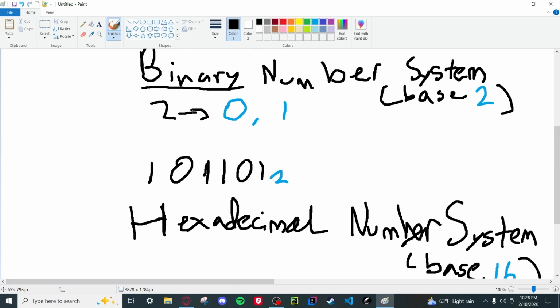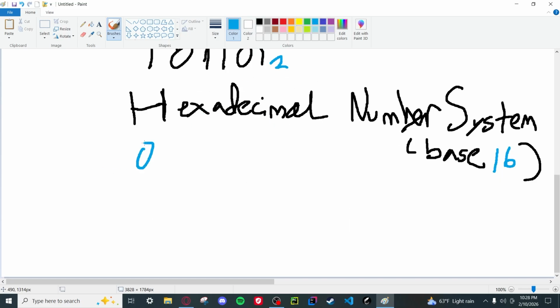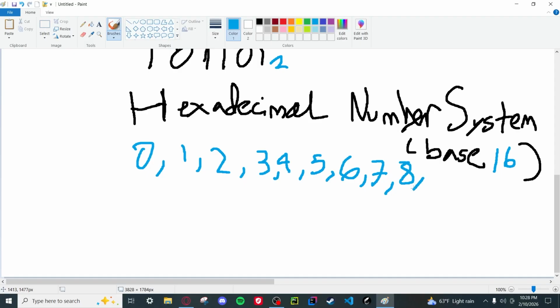Okay. Now, what are the values here? Well, you're gonna have 0, 1, 2, 3, 4, 5, 6, 7, 8, 9, and here I'm gonna change color a little bit. Let's make it red.